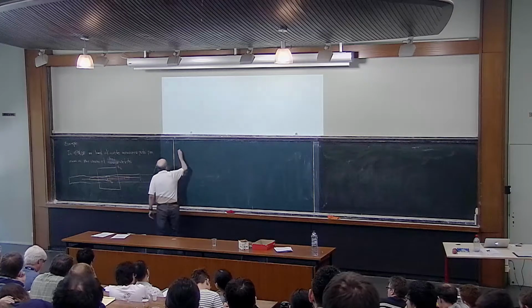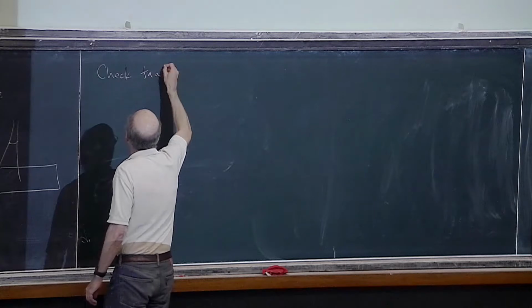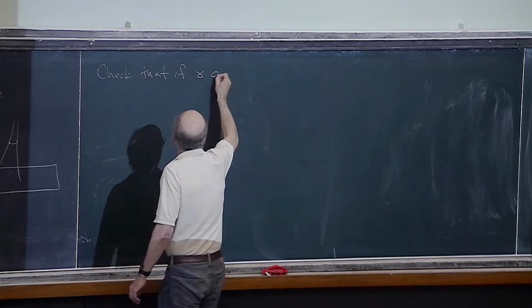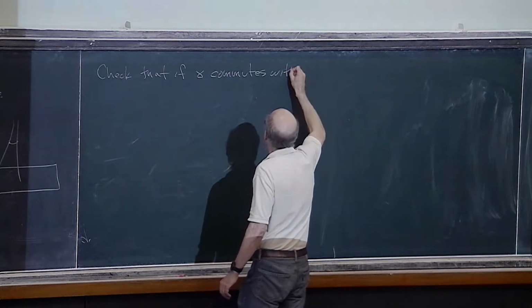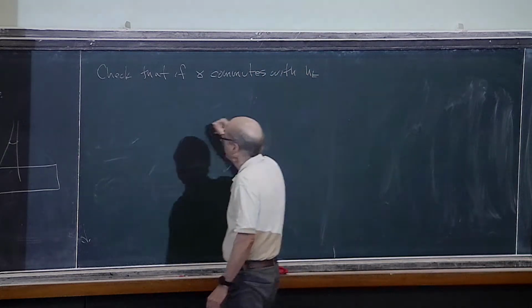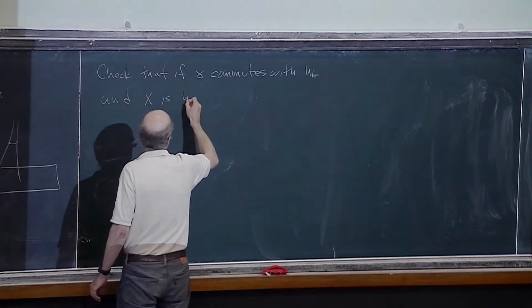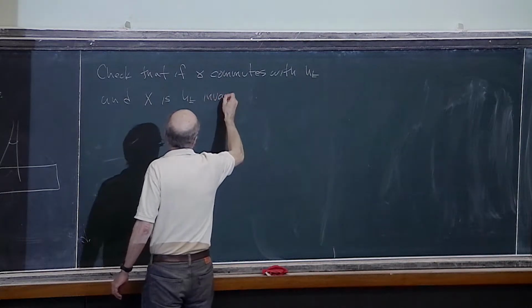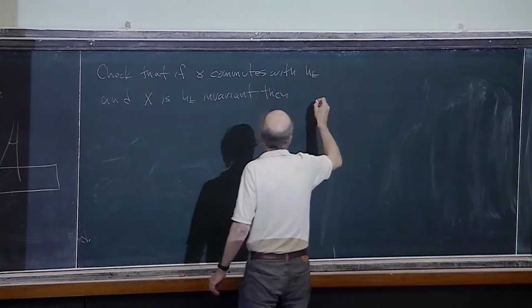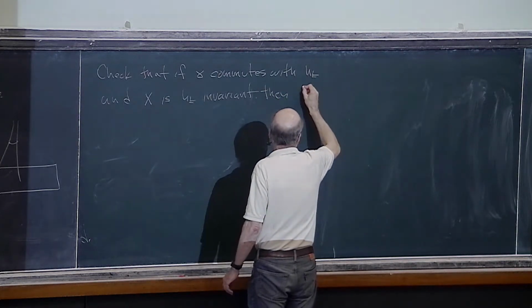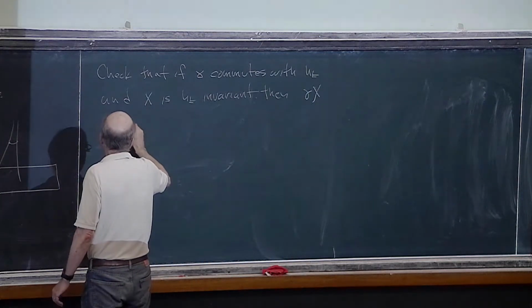So check that if gamma commutes with h sub t and x is h sub t invariant, then gamma of x is h sub t invariant.